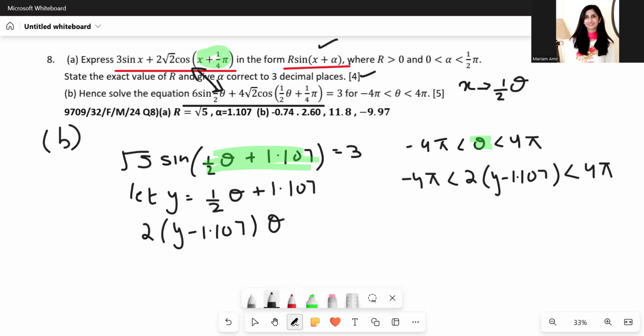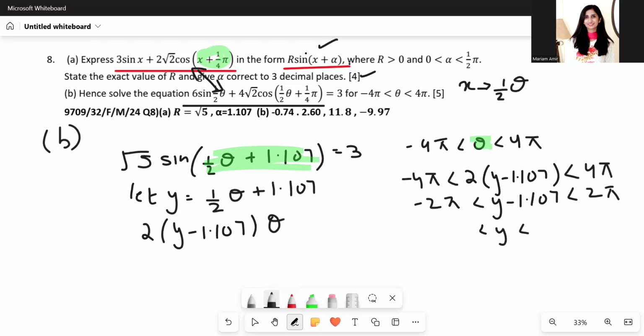Okay. First, I'm going to divide 3 with all 3 of these to get rid of the 2 in the middle. So I'll get minus 2 pi less than y minus 1.107. We divide 2 on all the sides, 2 pi. Now I'm going to add 1.107 on all the sides so that I get a y in the middle.